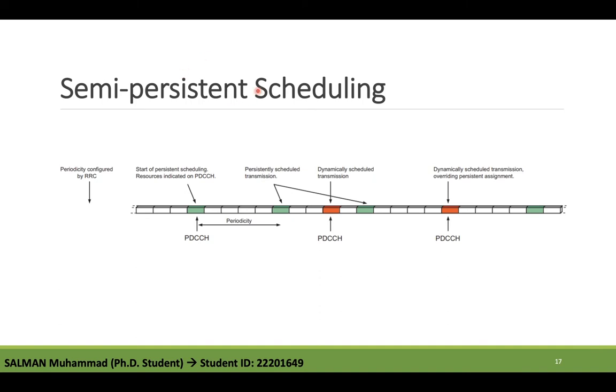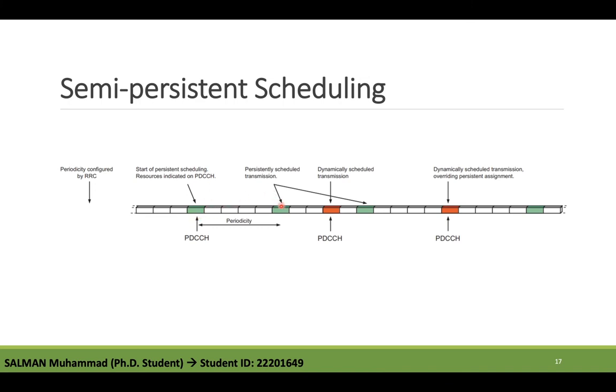With semi-persistent scheduling, the terminal is provided with the scheduling decision on the PDCCH together with the periodicity, which is applied to every nth subframe until further notice. Hence, the control signaling is only used once and the overhead is reduced.